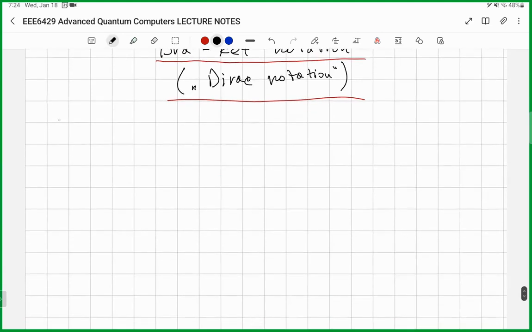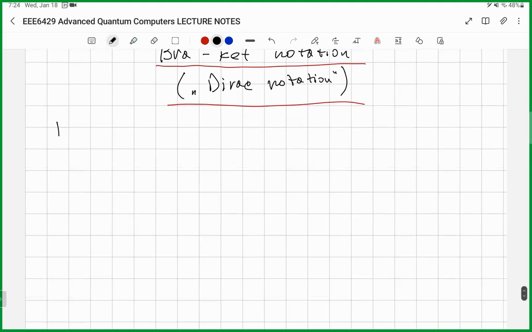So let's introduce this ket. Vector x is put inside these funny parentheses: a vertical line and an angle bracket.